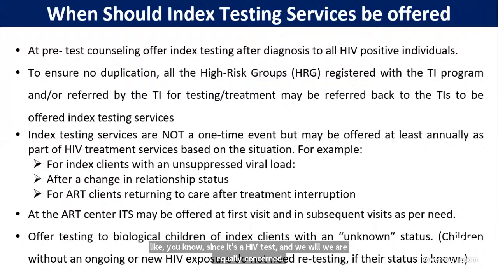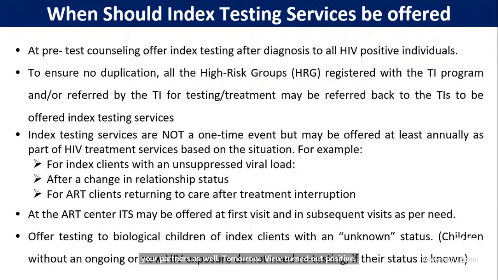Tomorrow, if you turn out positive, there are high chances your partner or family member or biological children have already been exposed and infected. So we would like to know about their status as well, so that we can initiate them on treatment, and they are provided with the services, and their viral load can also be suppressed with early ART initiation.